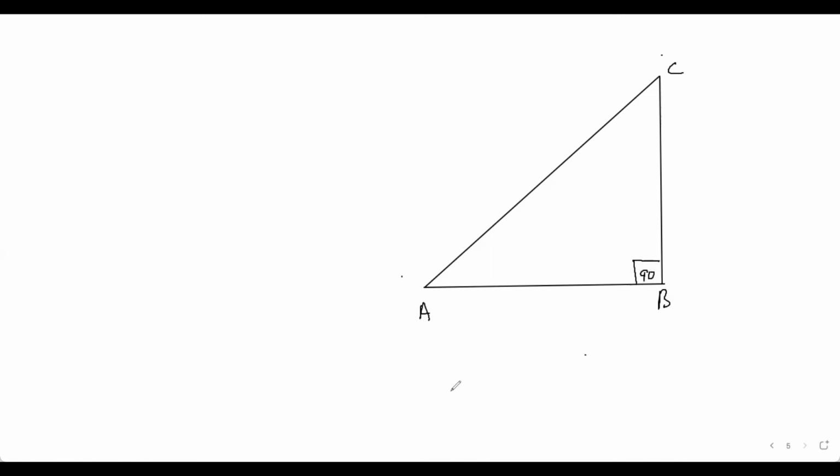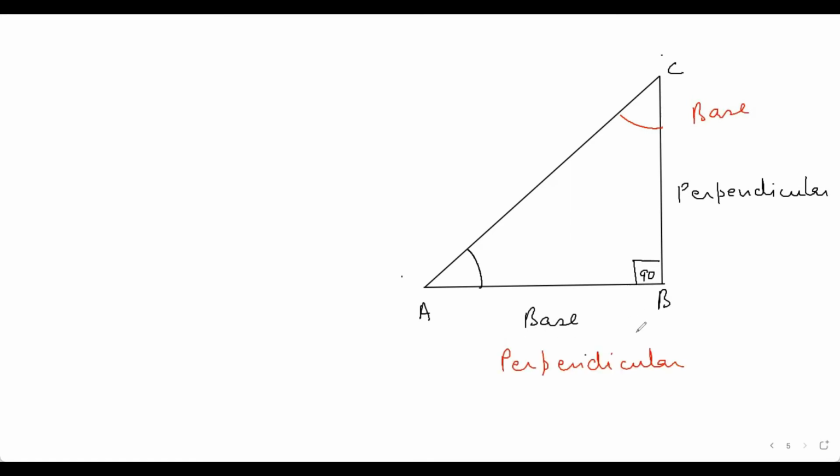Now this is a right angle triangle ABC, right angle at B. If I talk about this angle A, then this is base and this is perpendicular. If I talk about this angle C, then this is base and this is perpendicular. Now try to understand it, this is very important.